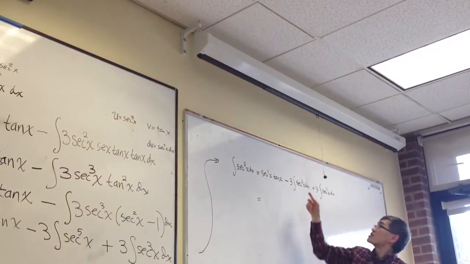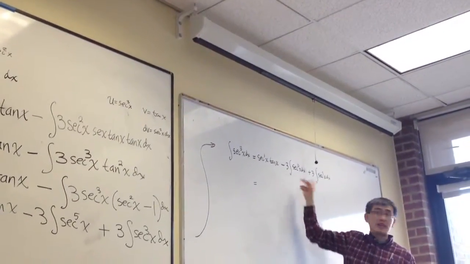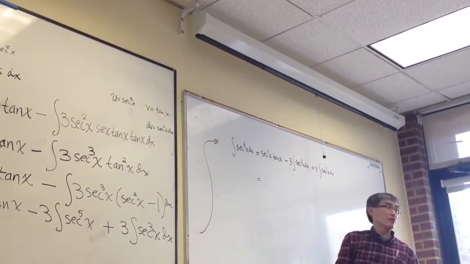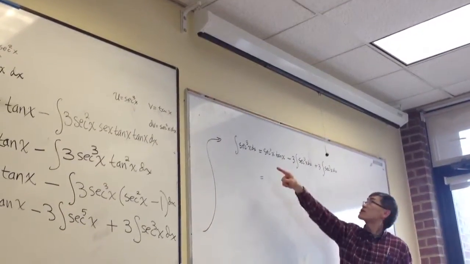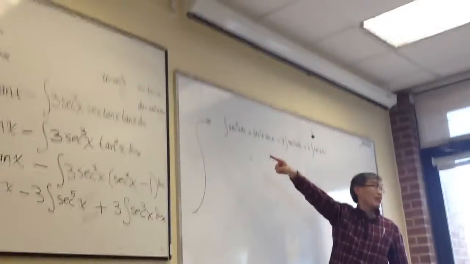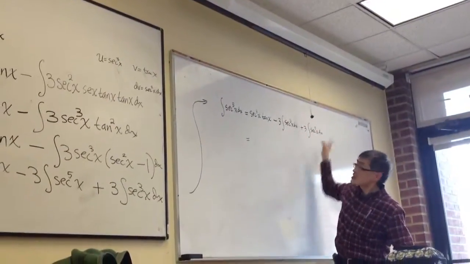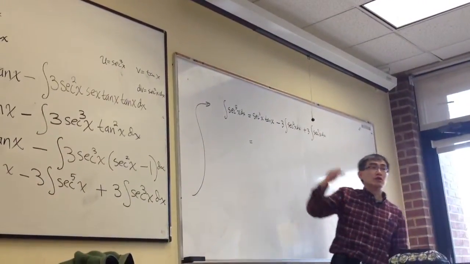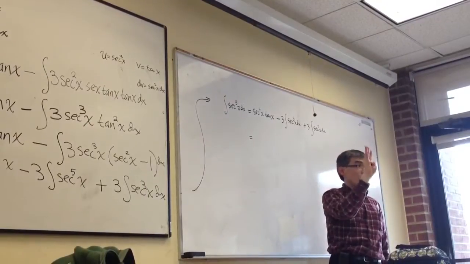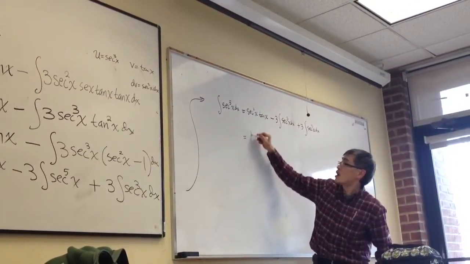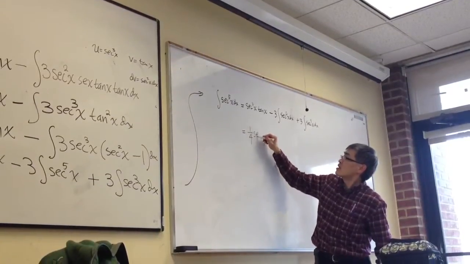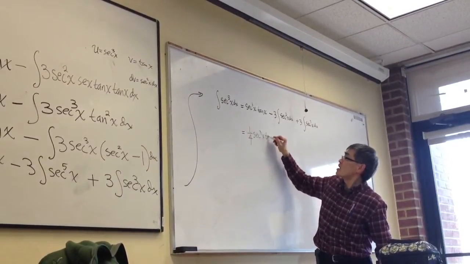And so now I can solve for this one. Can you imagine how you solve it? Would you bring this one to the left? And that will become 4 times what I want, right? Is equal to something something. And then what would you do? Divide through by how much? 4. And therefore, the one you found is 1/4 secant third power x tangent x.